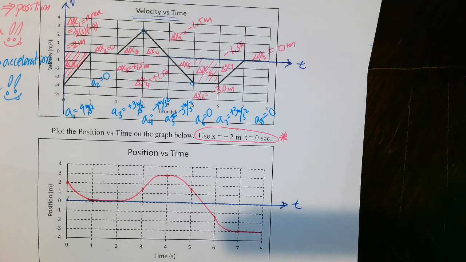Speed doesn't really care about which way it goes or which axis it goes. It just says 2 meters per second. However, if I ask you for instantaneous velocity at half a second, then you have to say -2 meters per second x hat. Cool? Yeah, cool. All right.